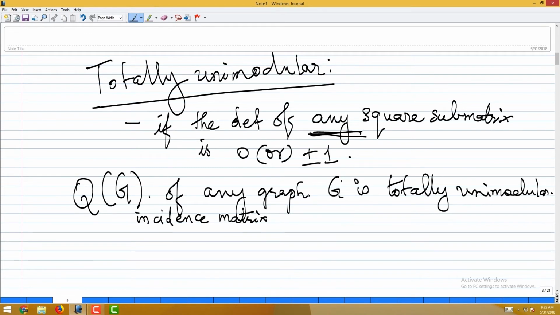One thing we can see is that we are talking about any square submatrix, and we know that Q of G has rank n minus 1. It is an n by m matrix. So, if I look at any n by n square submatrix, what will I get as the determinant? 0.